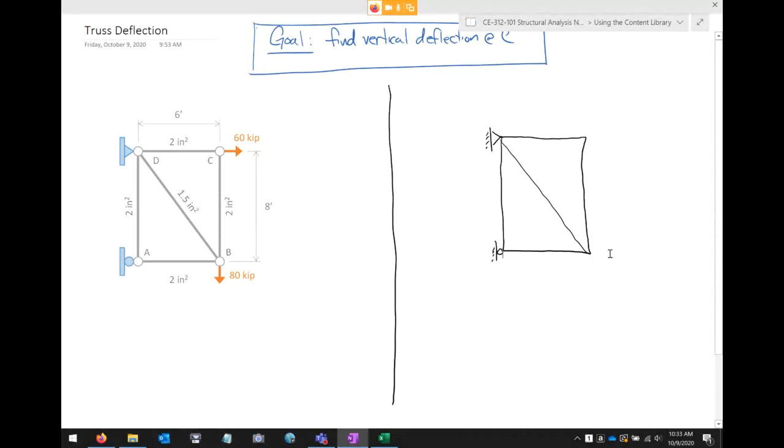So somebody help me out. Take a look at these loads. Do you think C is going to deflect upwards or downwards? Remember, this is C right here. Make a guess. Downwards. Okay.